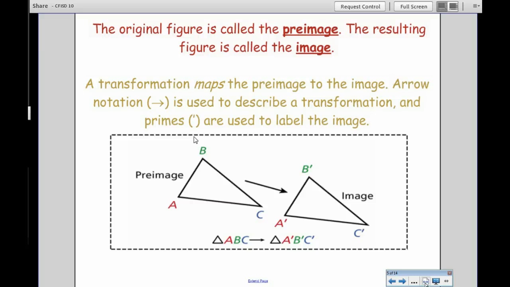Any questions about this? So these little markings right here mean prime. And that's to indicate that that's not the original. It's not the original. Okay.